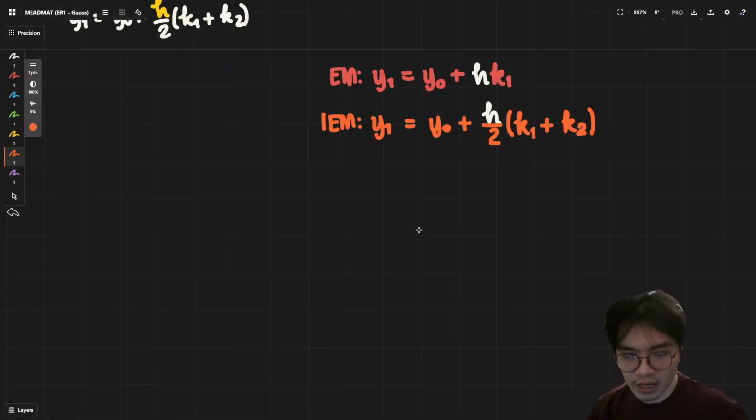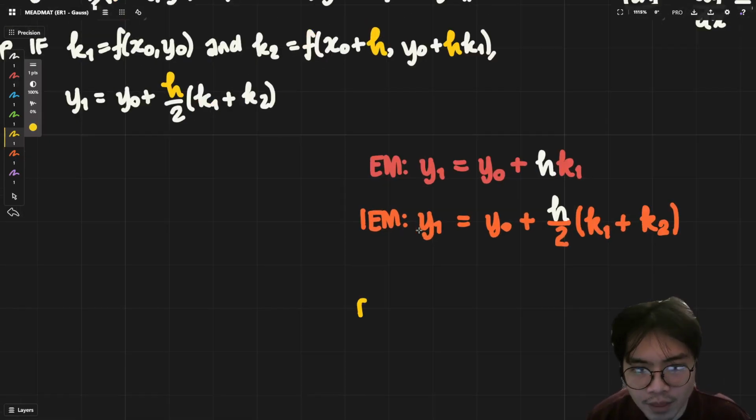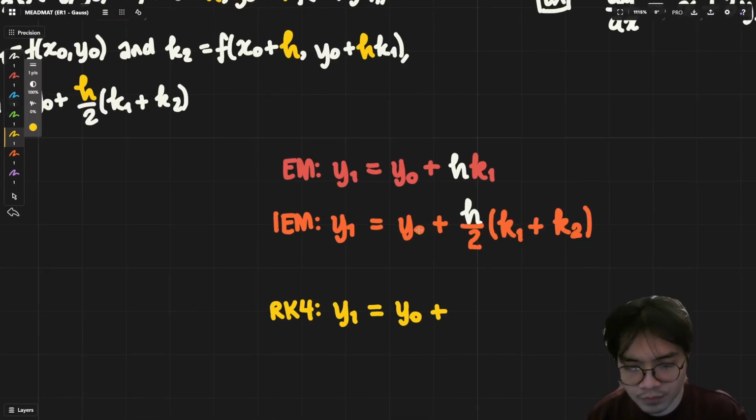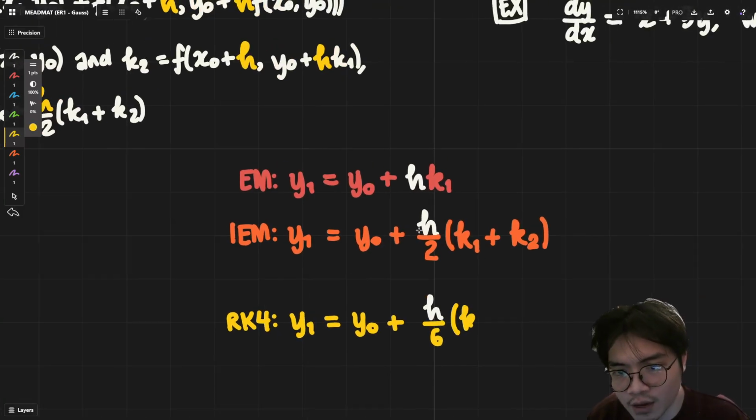As you can see in here, if we're going to illustrate this point, the RK4 method is going to have y1 equal to y0 plus h over 6, then k1, and then 2 k2.